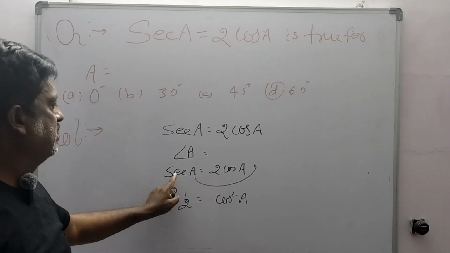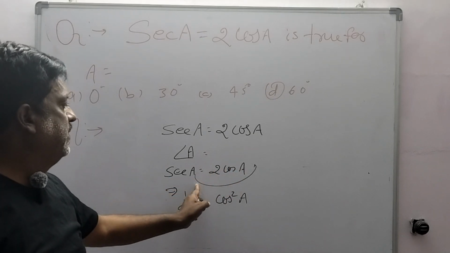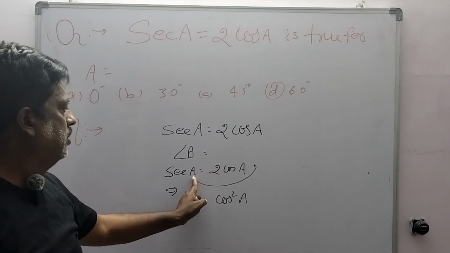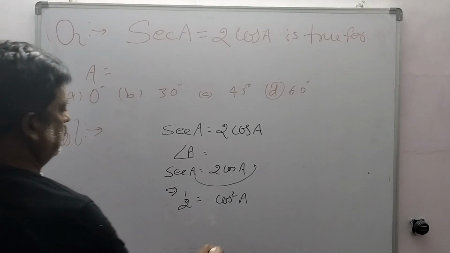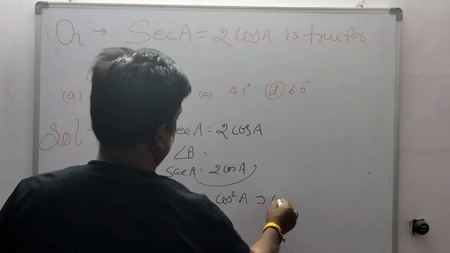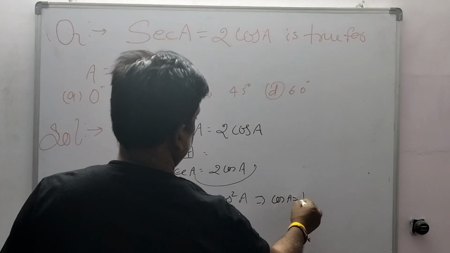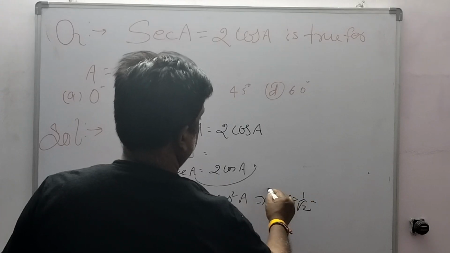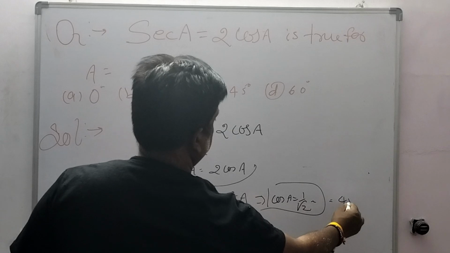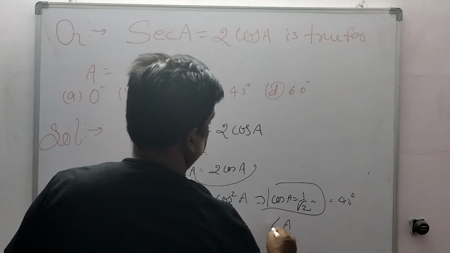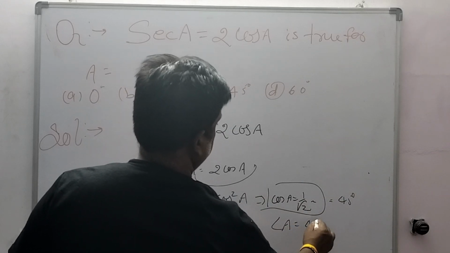So cos A equals 1 by root 2, and for which angle is it 1 by root 2? 45 degrees. So angle A equals 45 degrees.